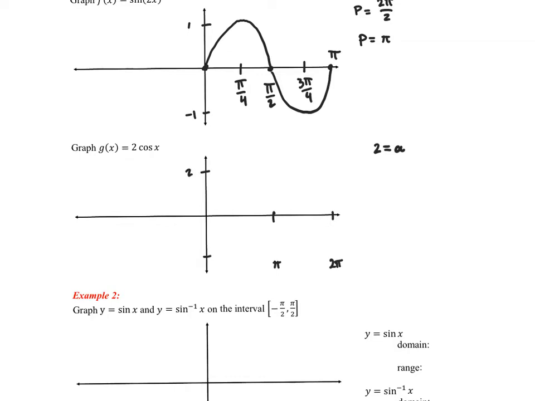So now the max value will be 2, min value will be -2, and of course cosine hits max values at 0 and 2 pi, a min value at pi, and then 0 in between at pi over 2 and at 3 pi over 2. So the graph of 2 cosine of x should look like that.